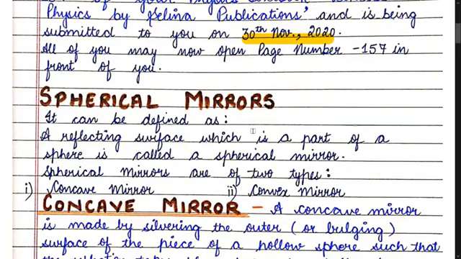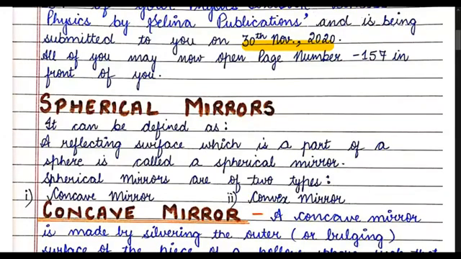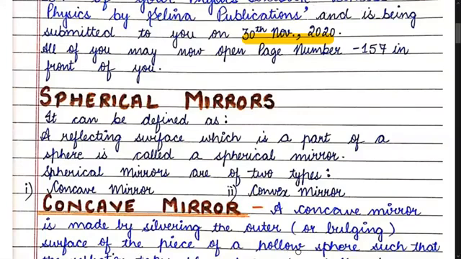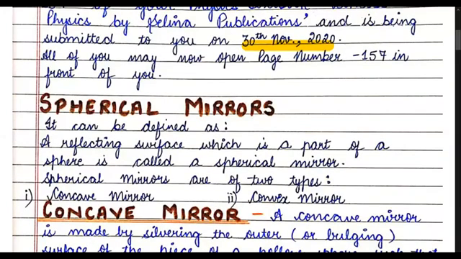Students, till now we have studied about the image formation in case of a plane mirror. In case of a plane mirror, the image formed was always of the same size as that of the object and was always erect.